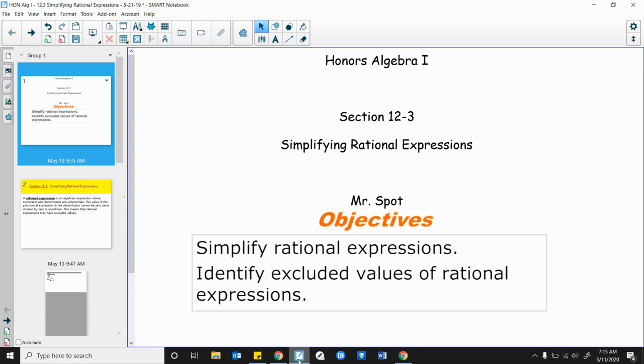With that being said, we're going to do section 12.3 and section 12.4. That's what we decided was the most important. And then next week we'll do a review, and then we'll end on a Wednesday quiz, and then that'll be it. You turn that quiz in, and you're officially finished with Mr. Spottelson's class. So that is that.